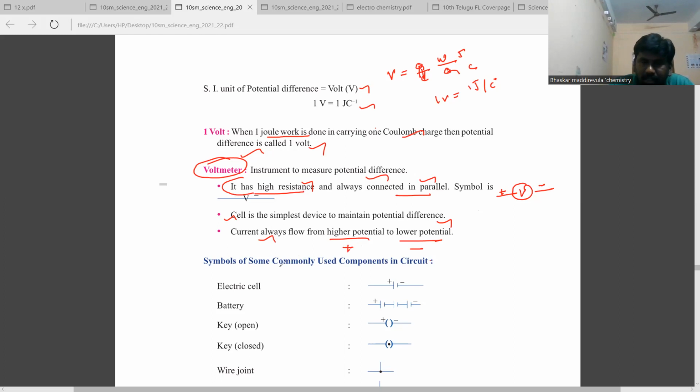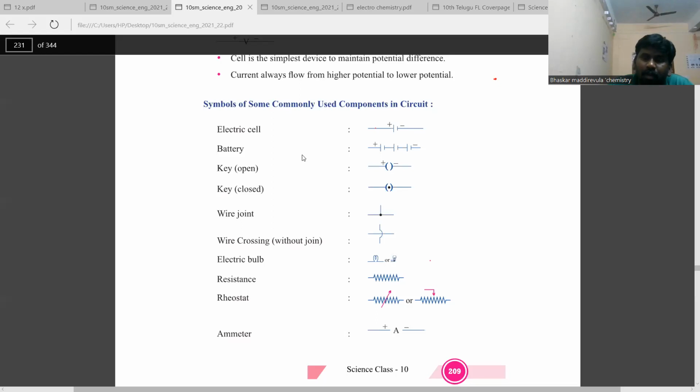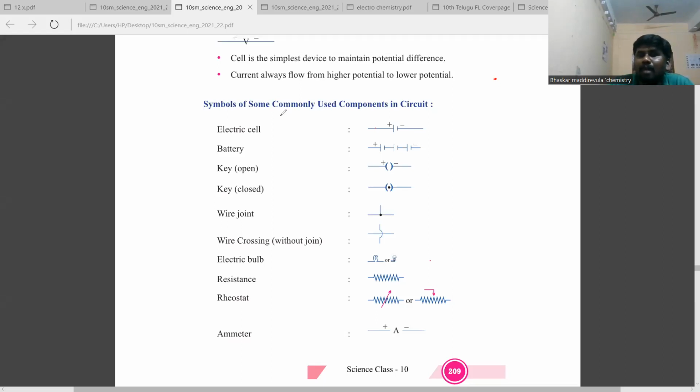Next we'll see some important symbols of commonly used components in the circuit. This first one is the electric cell.